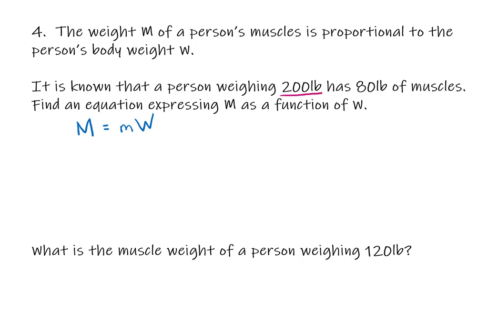200 pounds is a person's weight. That's going to be our W. 80 pounds of muscles. That's going to be the weight of the muscle, so we're going to use M there. Let's put that into our formula. We have 80 is equal to m times 200. And let's solve for m by dividing.